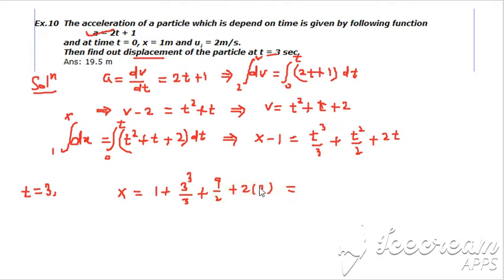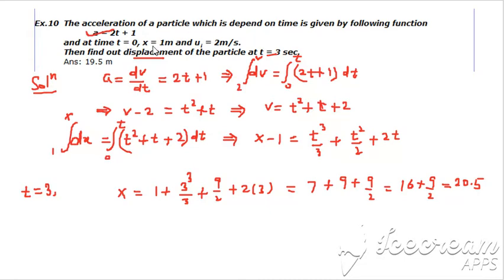Simplifying this, we get 6 plus 1, that is 7, plus 9, plus 9 by 2. This will lead to 16 plus 9 by 2. 9 by 2 is 4.5, so that's 20.5. So the final position of the particle is 20.5.